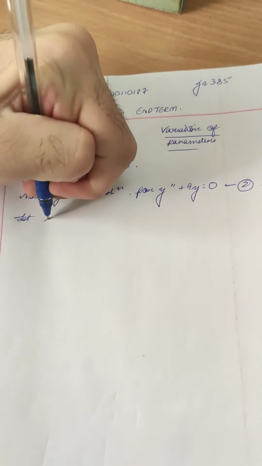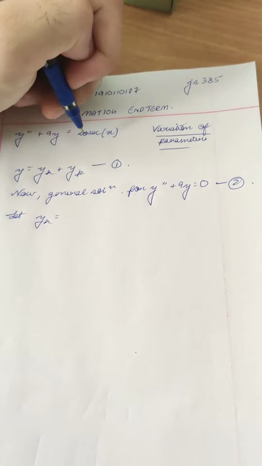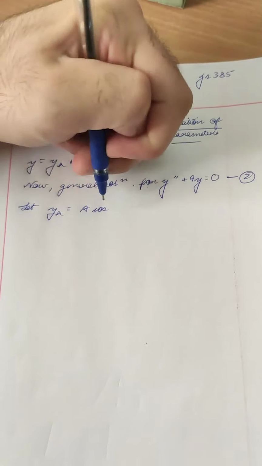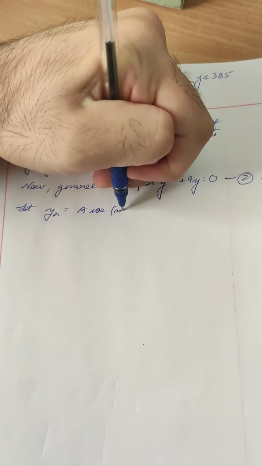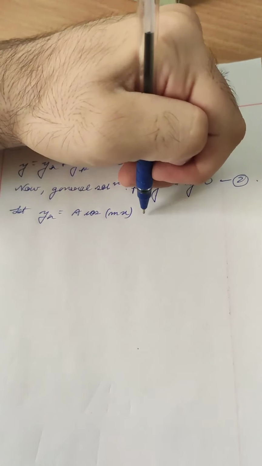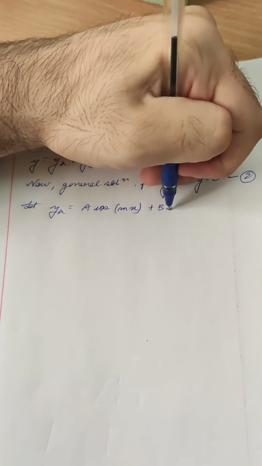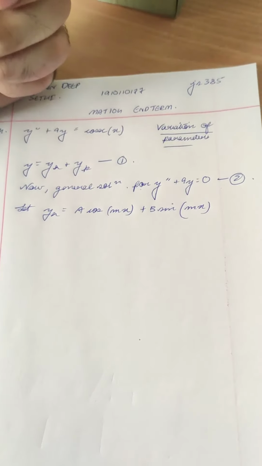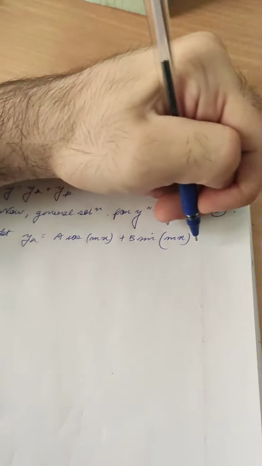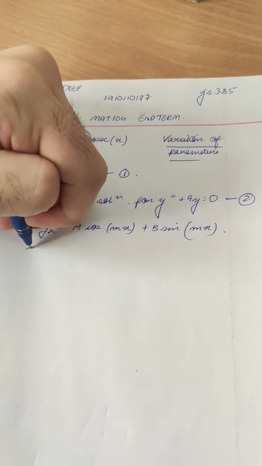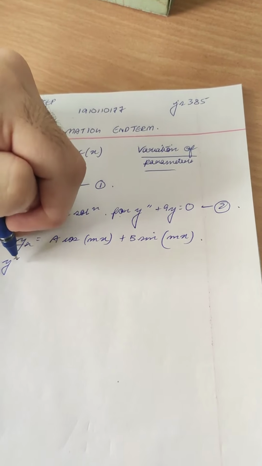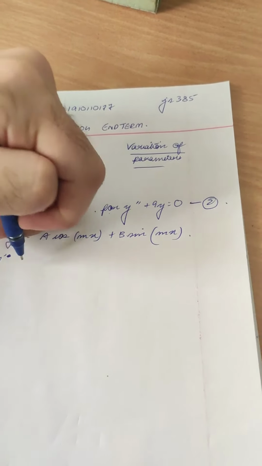So let y homogeneous. Now since there is a cosec term, we assume that the solution will also have trigonometric terms. So we take it to be a cos mx plus b sin mx. Right. So let's just take a single derivative first.